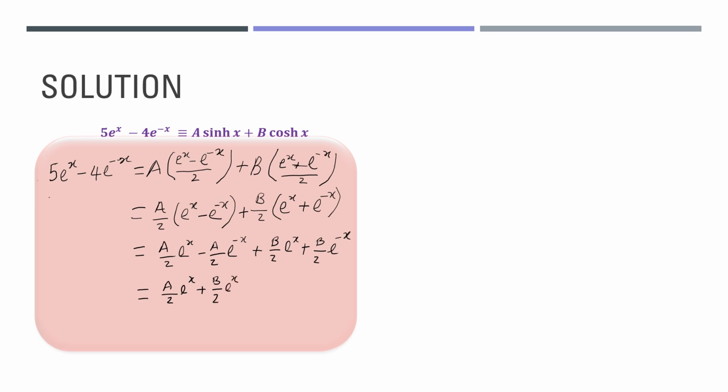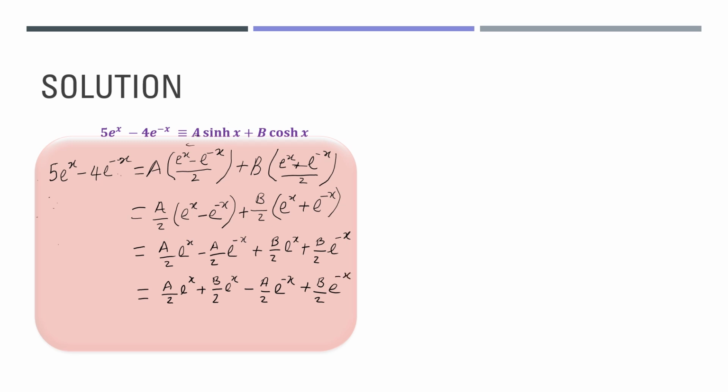Then we have minus a over 2 e^(-x) plus b over 2 e^(-x).